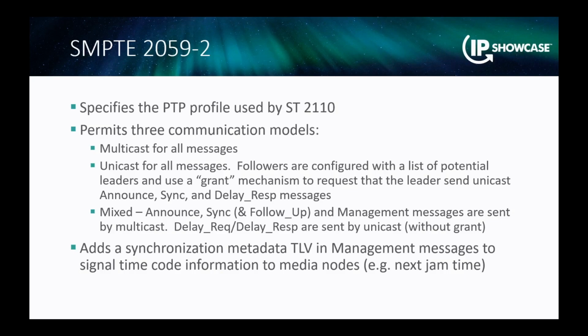And pure unicast also has an additional process that I won't describe here other than saying you have to ask the leader, can you please send me messages? So you get a grant. And part of that negotiation process, you ask for sync messages to come at a certain rate. And so a leader could potentially deny that grant, if it's starting to get overloaded.